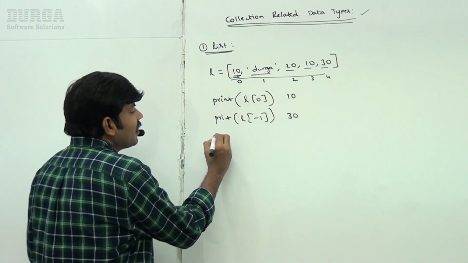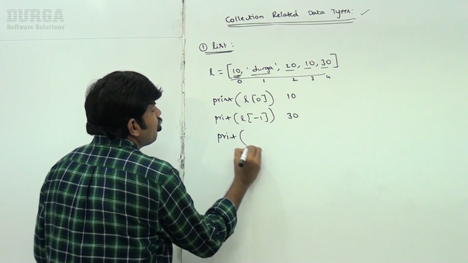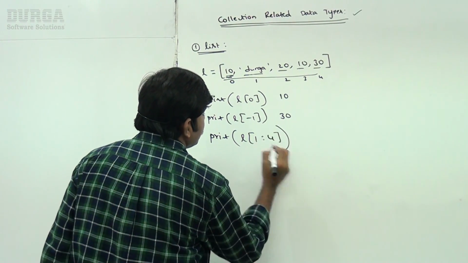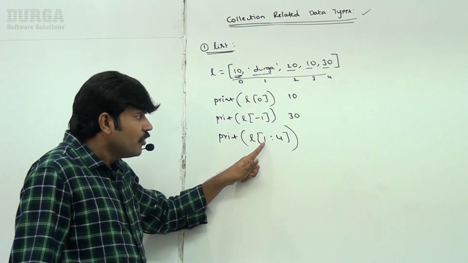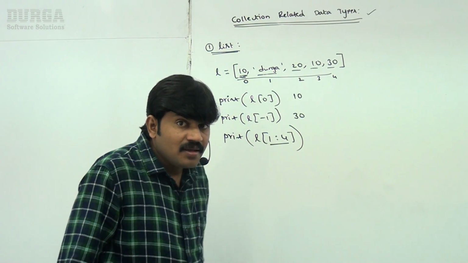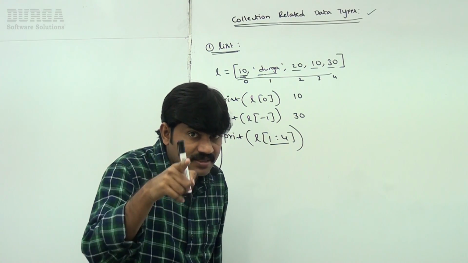Next, slicing also. If you observe, print of L of 1 colon 4, like this I am taking. What is this operator? Slice operator.